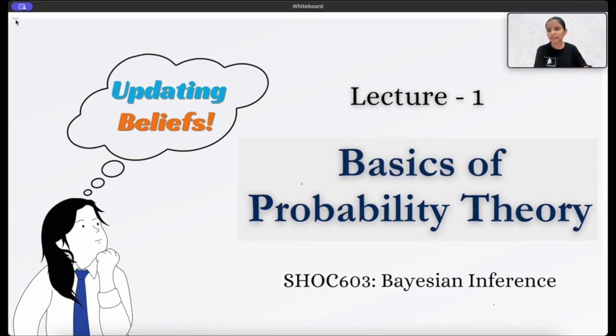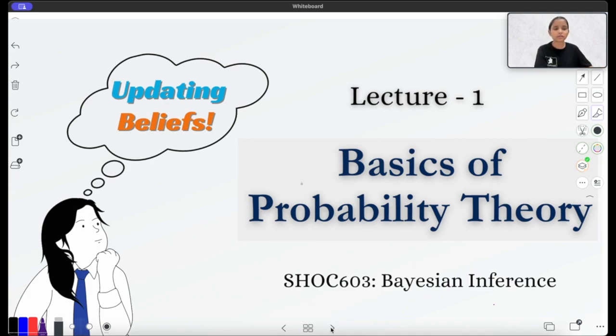For understanding the basics of probability theory, the very first thing everyone asks is, what is probability? And I'm going to ask you the same thing, nothing new. But the new thing is that you have always seen probability in the frequentist approach: I have this many outcomes, this many favorable outcomes, I divide these, and I get my probability.